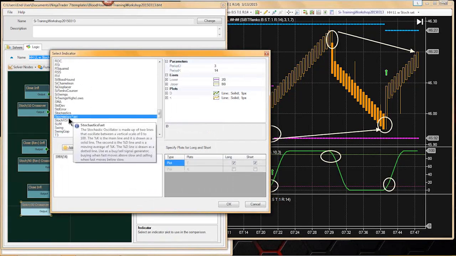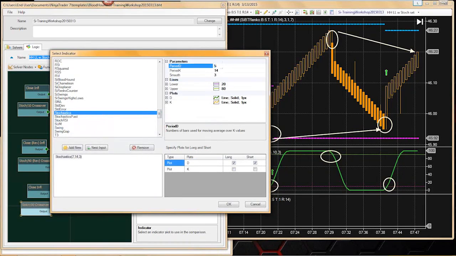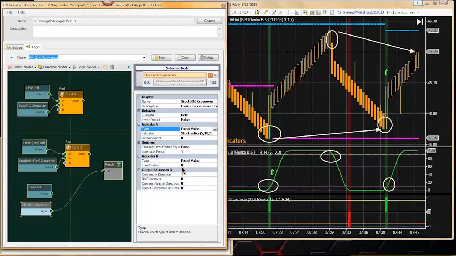I'll just put this together real quick. Change the periods. All right, set this to a fixed value, 90.